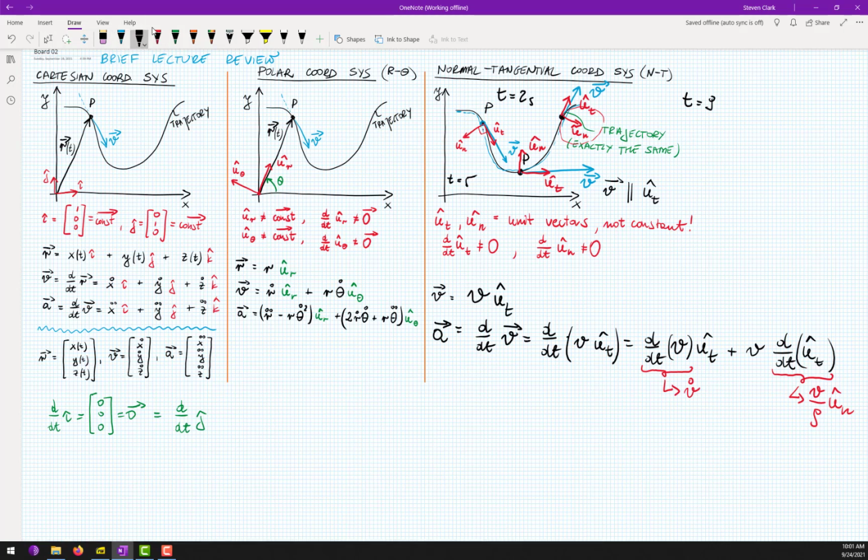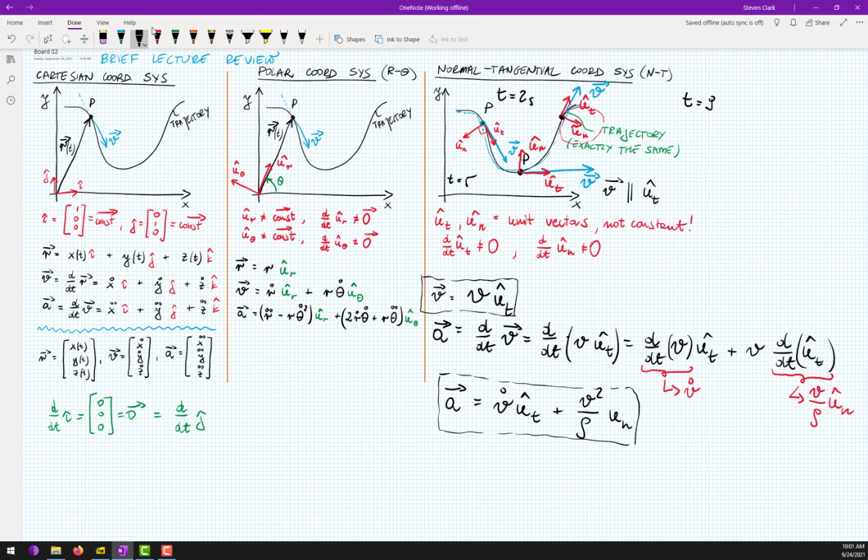So this is our acceleration expressed in the NT coordinate system: v dot u_t plus v squared over rho u_n. Okay, so this is how we describe the motion.